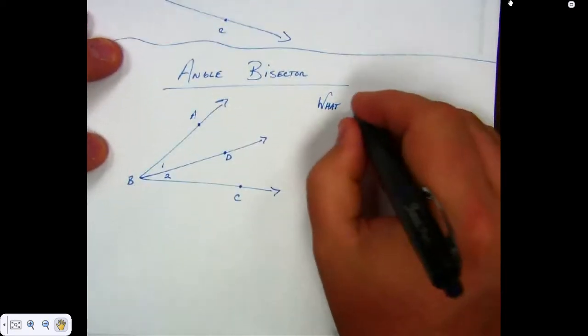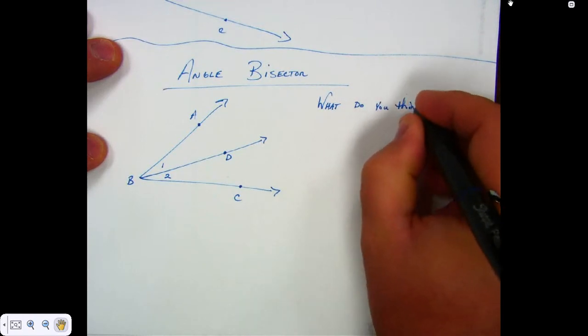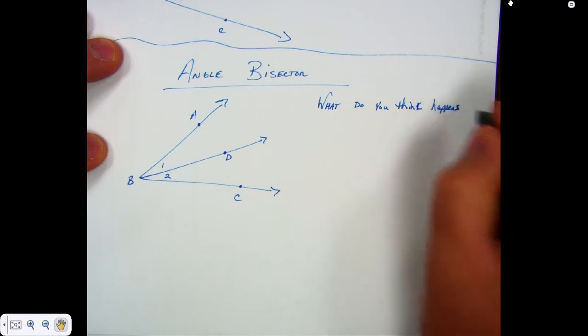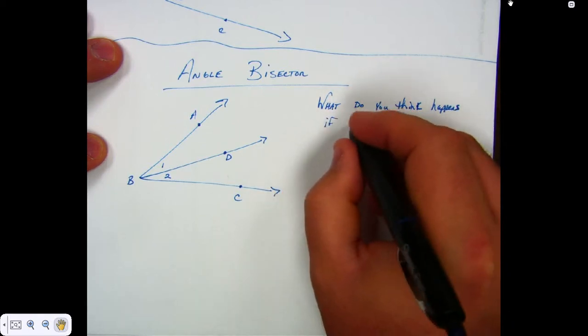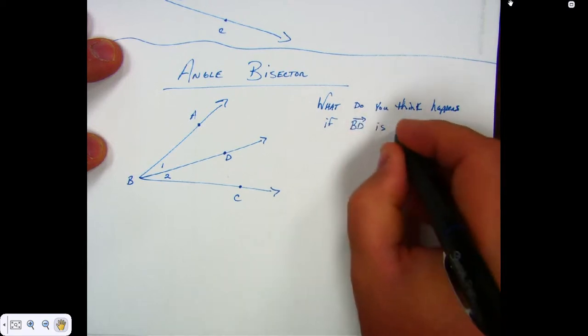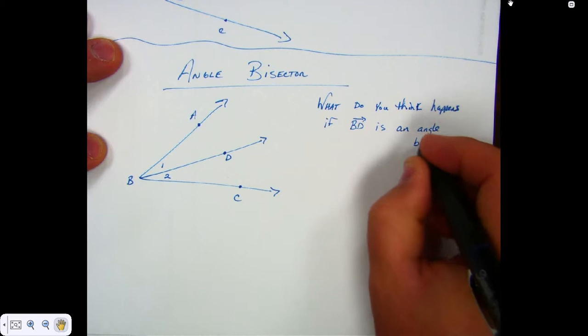I have a question. What do you think happens, and write down your answer, if BD is an angle bisector?